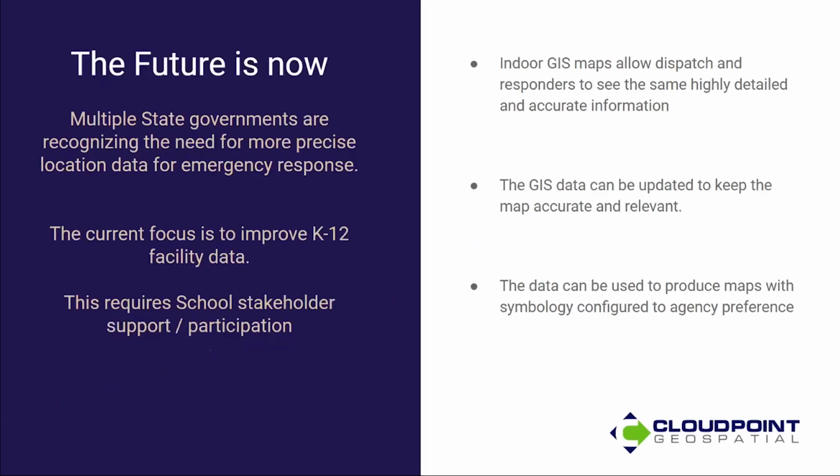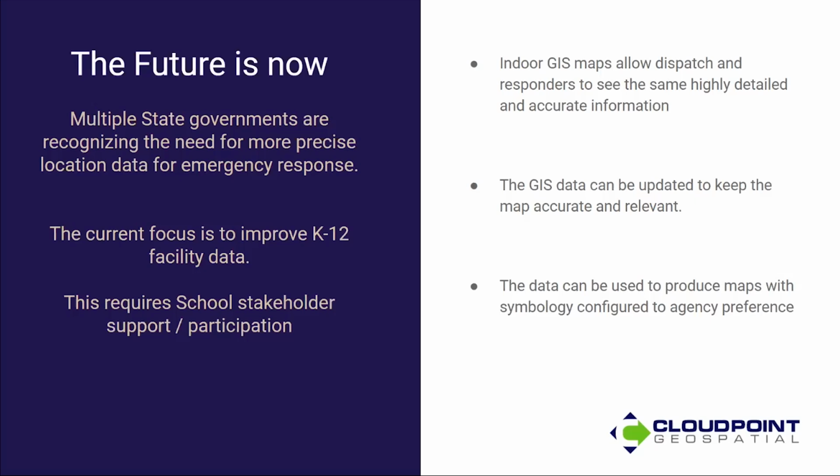So the future is now, like I was saying, we're expanding into the indoor GIS space. States are seeing the advantages of indoor GIS, and multiple state governments are moving forward with providing the means of collecting this data.